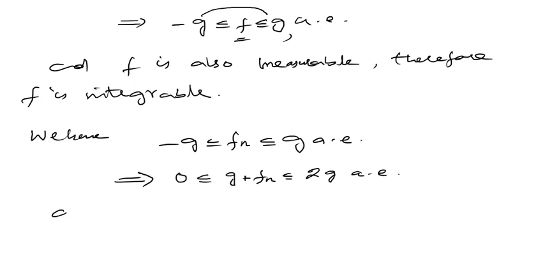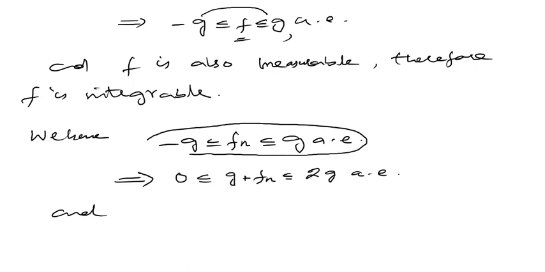And also, by multiplying throughout by minus 1 of this inequality, we obtain G is greater or equal to minus Fn and greater or equal to minus G almost everywhere.